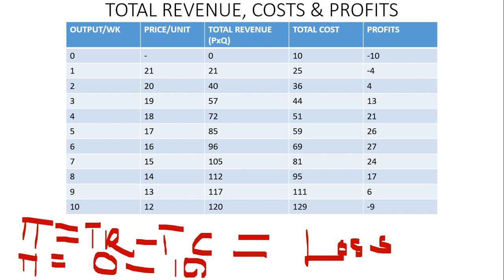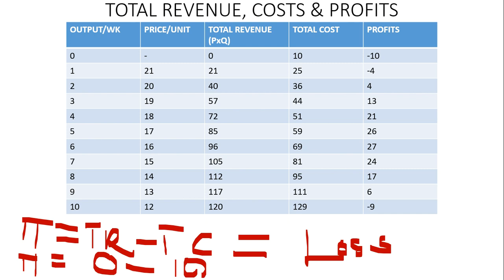Then when you have produced 1 unit, the price is now 21. Given that the price is 21, your total revenue will be price times quantity, 21 times 1, giving you 21.